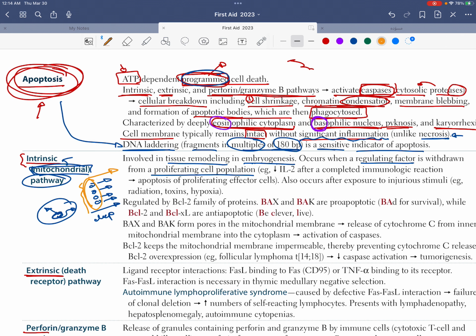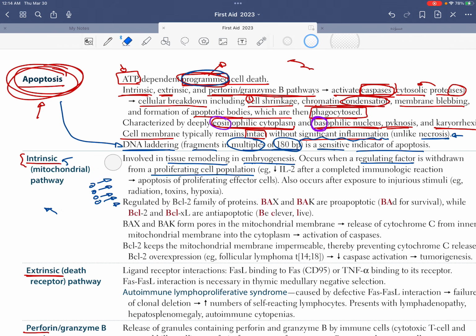If this factor is not there anymore, the one factor that is encouraging these cells to proliferate, then these cells are just left alone. They don't undergo proliferation anymore, and they end up undergoing apoptosis because they're not encouraged to proliferate anymore. For example, that's decreasing interleukin 2, a cytokine, after a completed immunologic reaction.